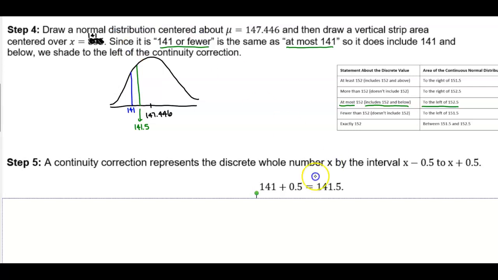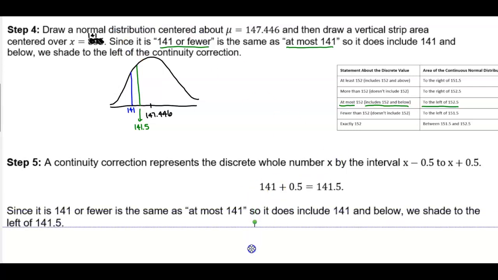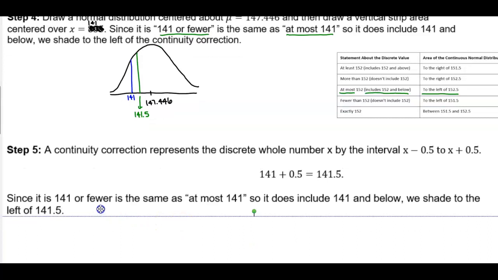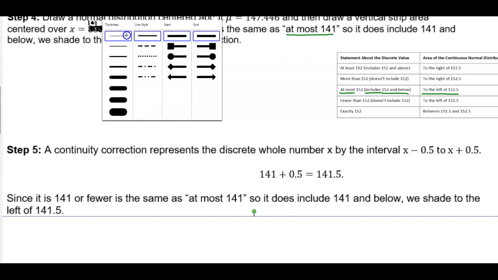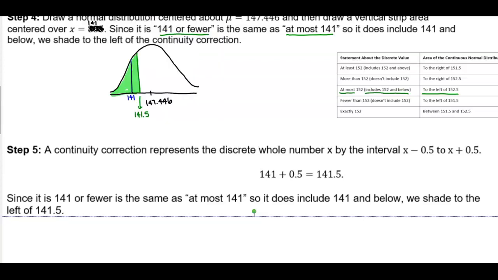So now we need to find the area, and since it's 141 or fewer, it includes 141 and below, so we're going to shade to the left of 141.5. Now that we know that, we need to convert that 141.5 to a z-score.